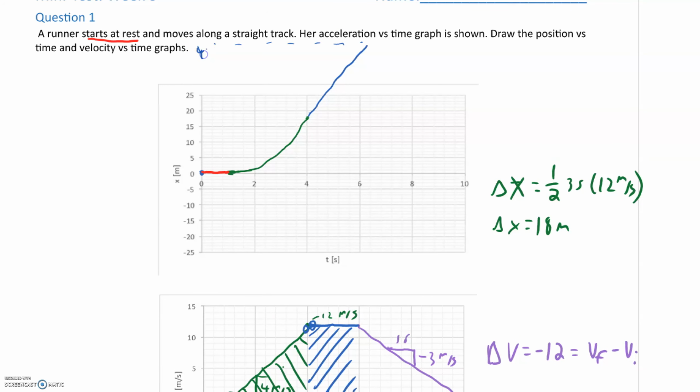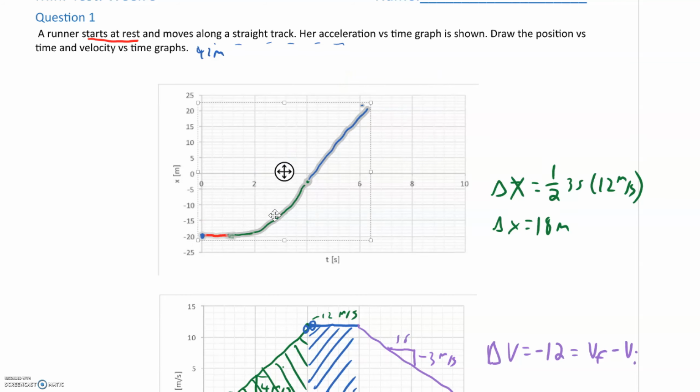So this would be at 42 meters. Now, because the initial position wasn't given in the problem, I assumed the initial position was x equals 0. It wouldn't be wrong if I had drawn the graph starting down here at like -20 meters; it wouldn't be wrong for me to draw this line like this, where I should be ending at 22 meters.